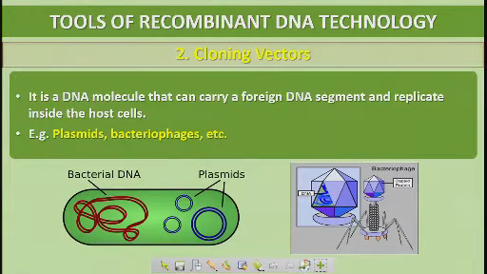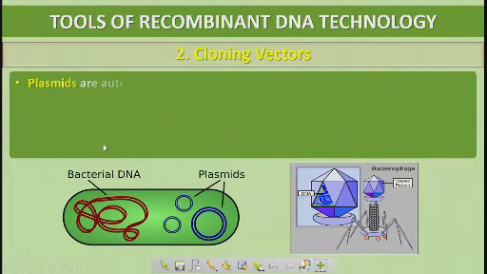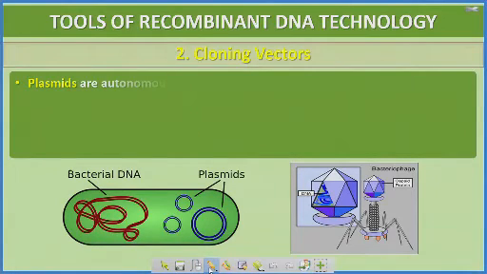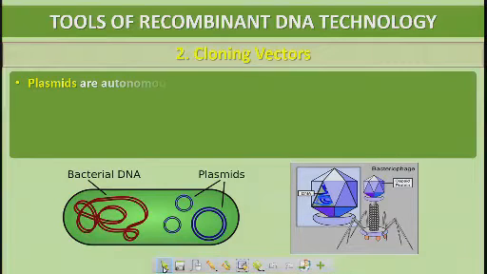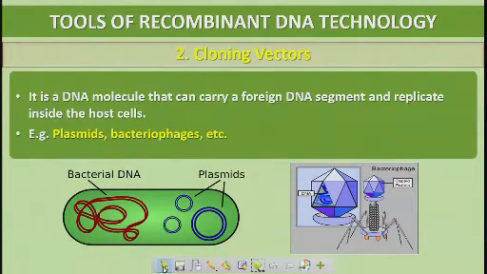Some examples are here: the plasmid, bacteriophages, yeast artificial chromosomes or YAC, bacterial artificial chromosomes or BAC.